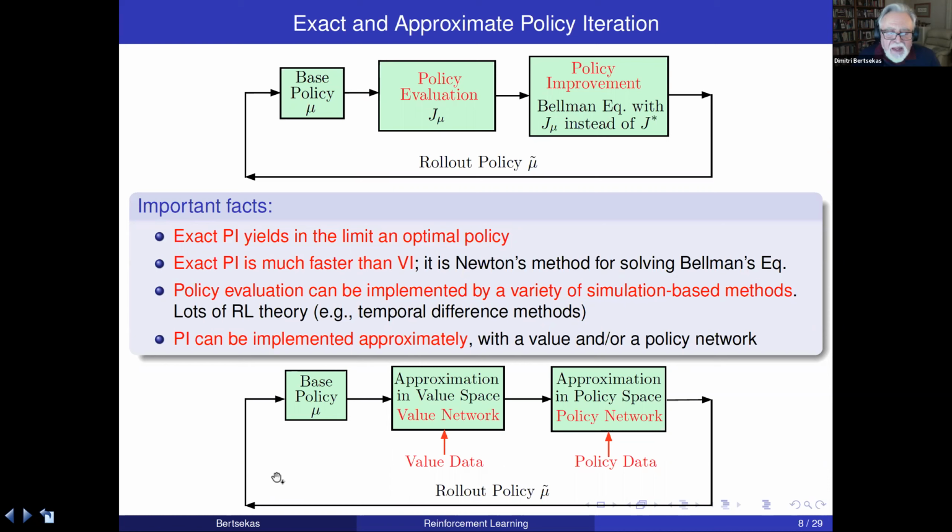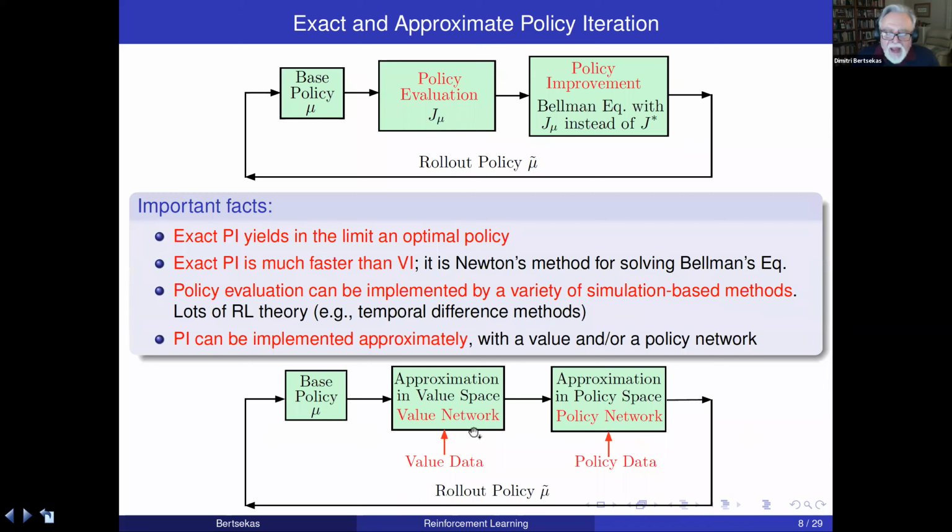Rollout is a one-time online play type of algorithm that does not need to have a policy network or a value network. Once you go into multiple rounds of iterations, then there is no alternative but to have a value network or a policy network or both of them.